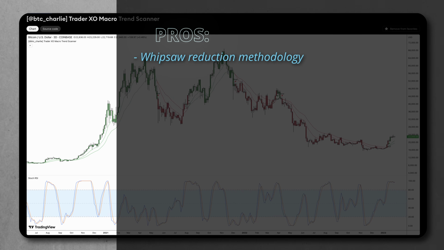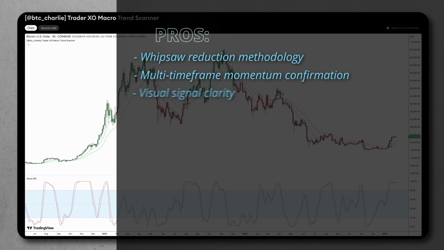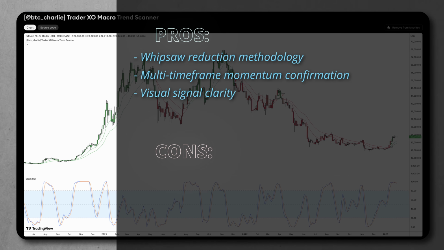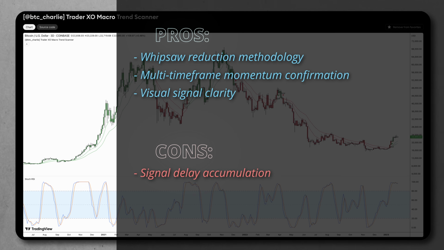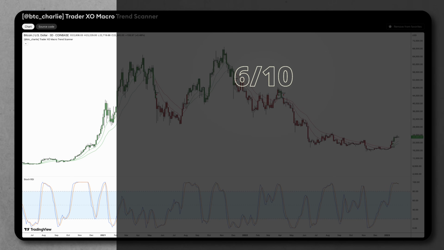Pros: whipsaw reduction methodology, multi-time frame momentum confirmation, visual signal clarity. Cons: signal delay accumulation, parameter complexity, trend reversal lag. Ranking: 6 out of 10.